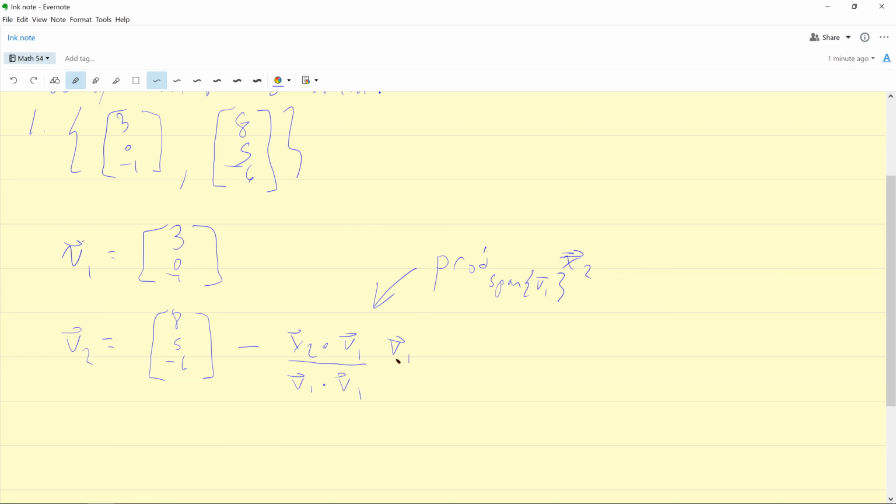So essentially, let's say we have these two linearly independent vectors. To get this v2, we're trying to find a vector that's orthogonal to v1. To do that, we take the x2 vector, project it onto v1, call that projection x2 hat, and subtract it from x2.